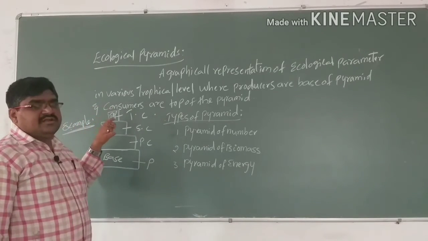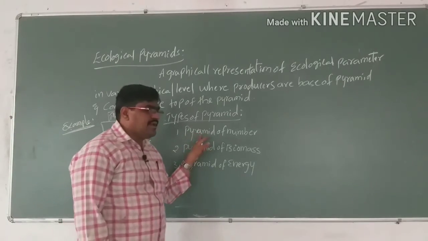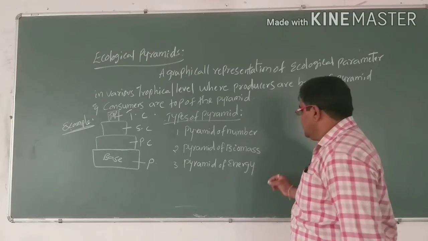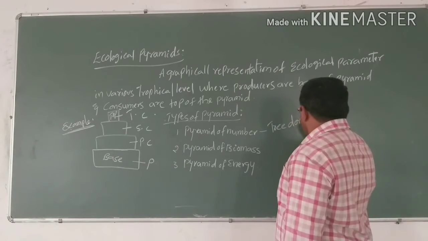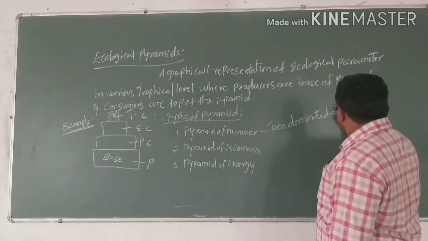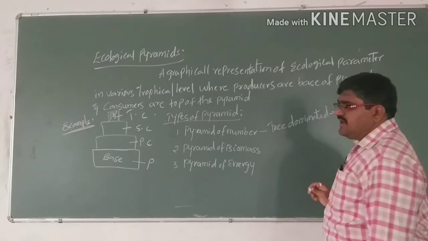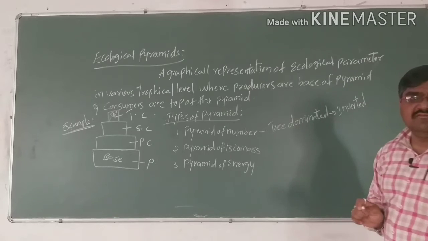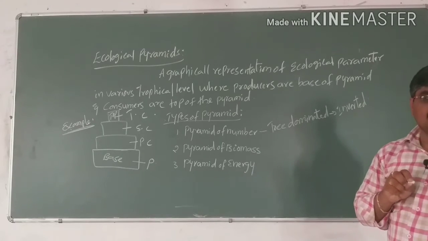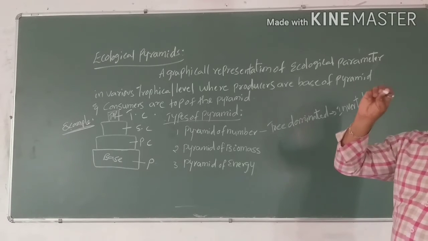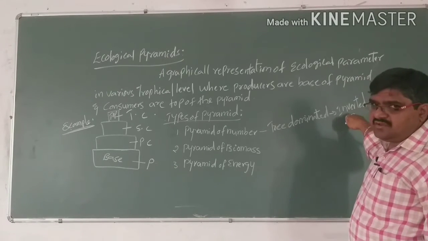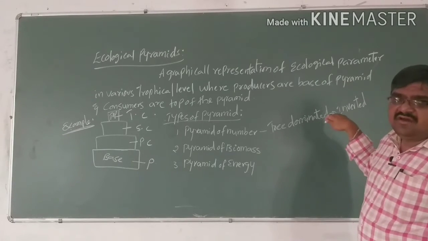But in the pyramid of number, in a tree dominated ecosystem, the pyramid is inverted, where one large tree is eaten by small insects, and the insects are eaten by a larger number of birds. So in a tree dominated ecosystem, the pyramid of number is inverted.